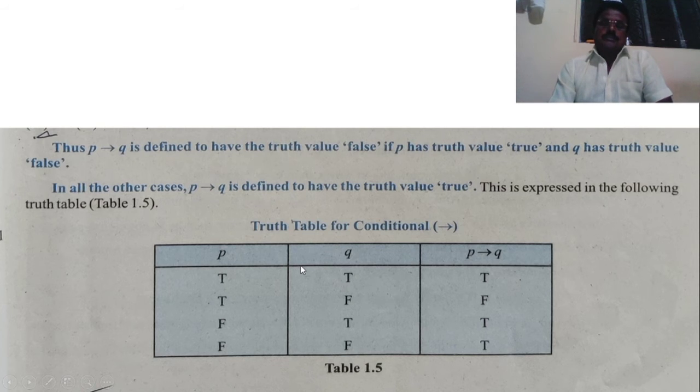Fourth, first statement false, second statement false, then the conditional statement is true. So the conditional statement is false only if the first statement is true and the second is false. In the other three cases, it is true.